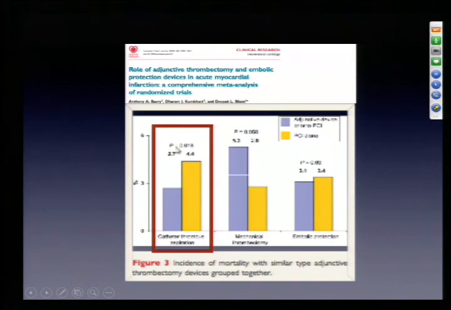So there is a statistically significant mortality benefit to doing aspiration thrombectomy. Compared to that, there are mechanical devices that try to break up clot, and those actually had a higher mortality in acute MIs. And embolic protection devices are basically filters which try to catch clot to prevent it from going distally, and those showed no benefit in acute myocardial infarction.